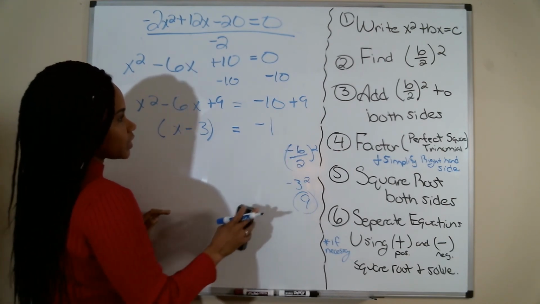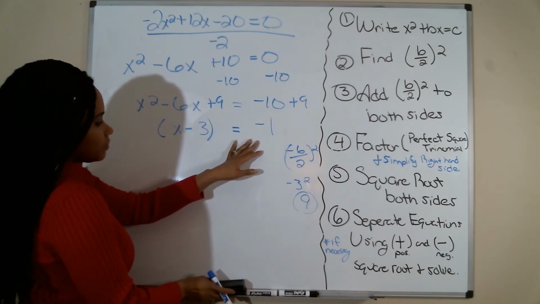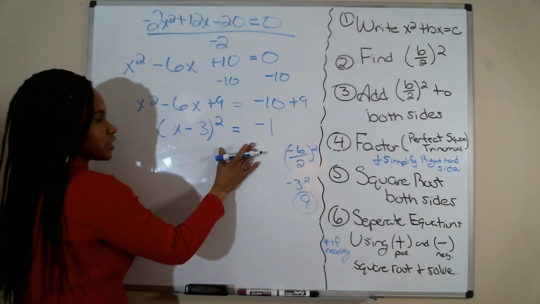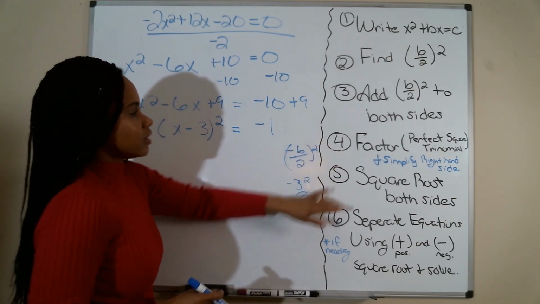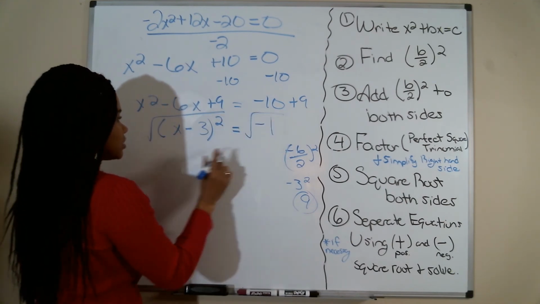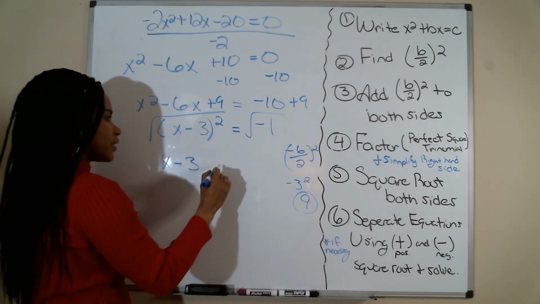Just going to erase this to, well, I'll leave it. And again, got my 2 there. So x minus 3 squared equals -1. So I factored and simplified the right hand side. Now I want to take the square root. And you may have already noticed what is going to happen. x minus 3, that 2 goes away.